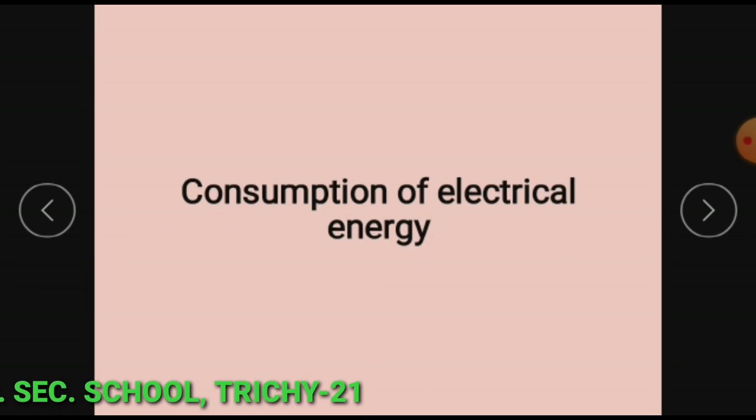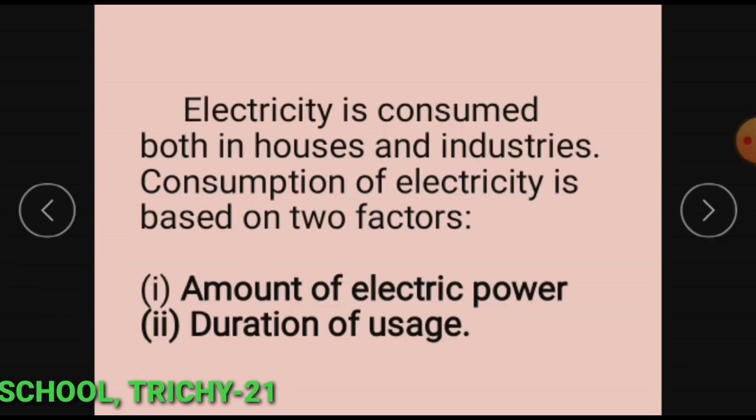Consumption of electrical energy. Electricity is consumed both in houses and industries. Consumption of electricity is based on two factors: amount of electric power and duration of usage.